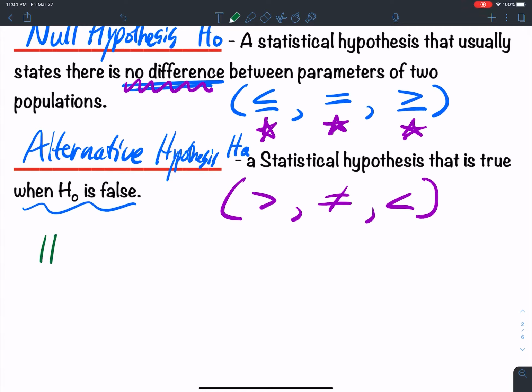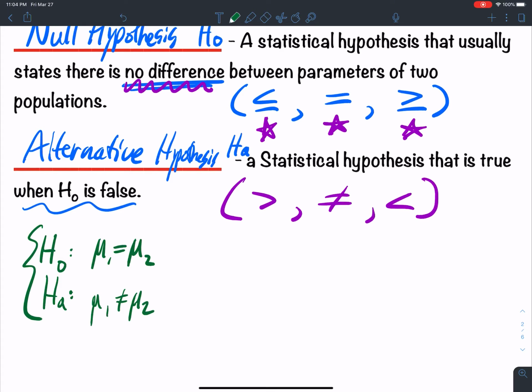So the H0 can be set up in three different ways. The H0 and the HA. The H0 can be equal to, we have the two population means are equal to each other. The opposite of that is mu1 not equal to mu2. Okay? The next way, the H0 can be mu1 is less than or equal to mu2.